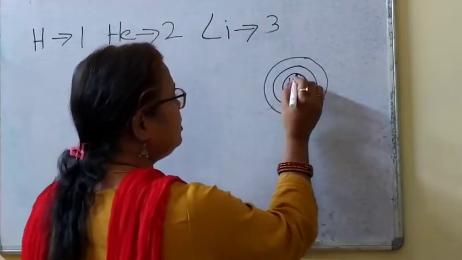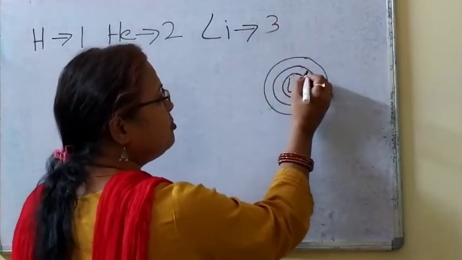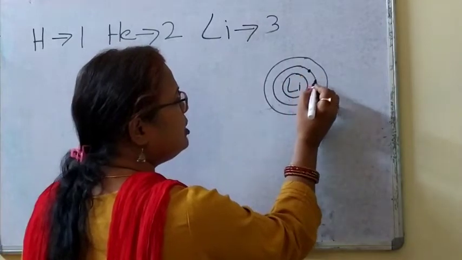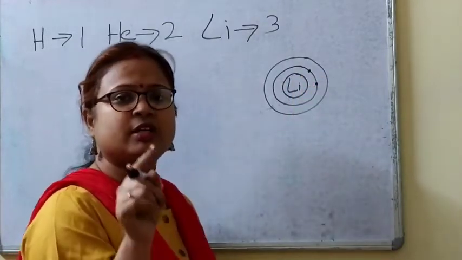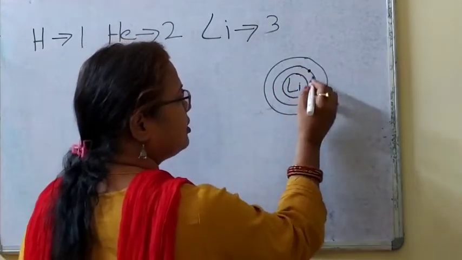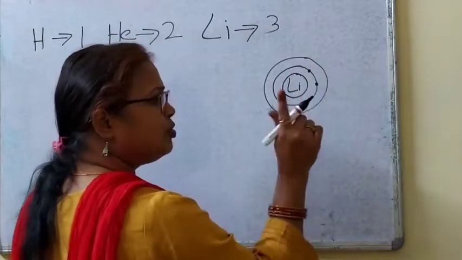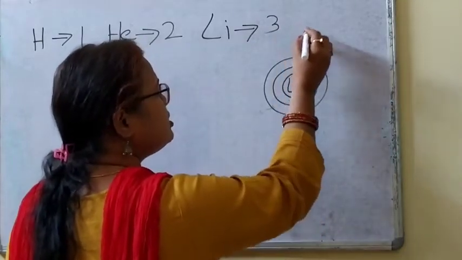This is the nucleus of lithium, with 3 electrons, which is the atomic number. In the first orbit, how many electrons? 2 electrons. This is a must, that in the first orbit an element has 2 electrons. So put 2 here. Clear? Now how many are left? 1.